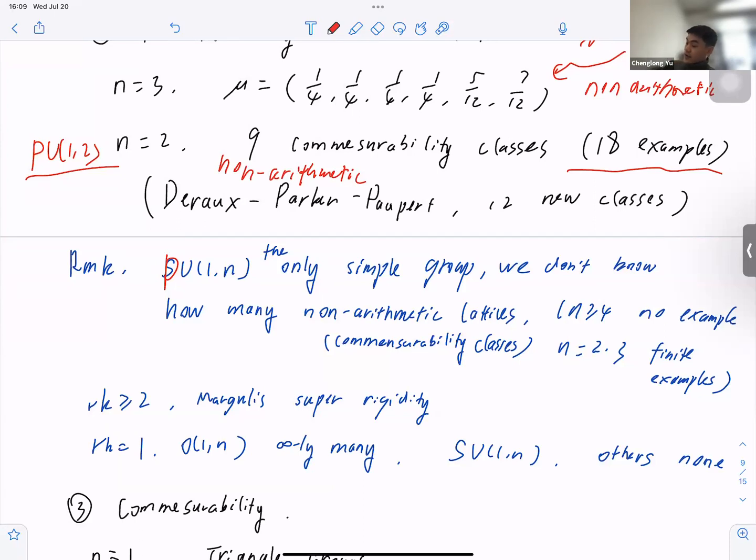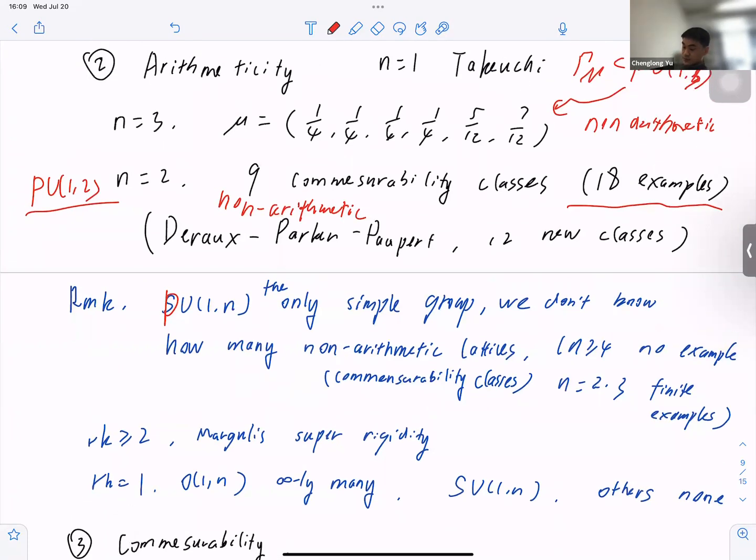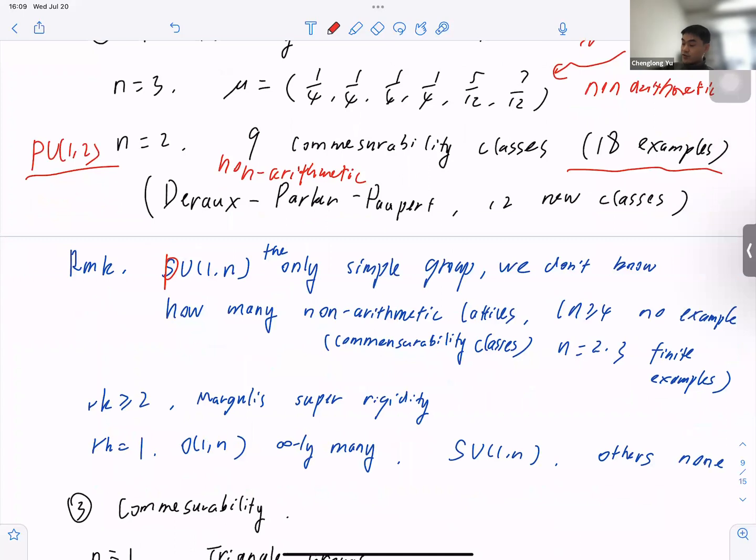For the case of n greater or equal than 4, we have no example of a non-arithmetic lattice. We don't know whether it exists or not. And for n equals 2, there are only the finite examples I mentioned above. And for all the other simple groups of rank greater or equal than 2, the Margulis superrigidity theorem tells us there are no non-arithmetic lattices. So all the lattices are automatically arithmetic.